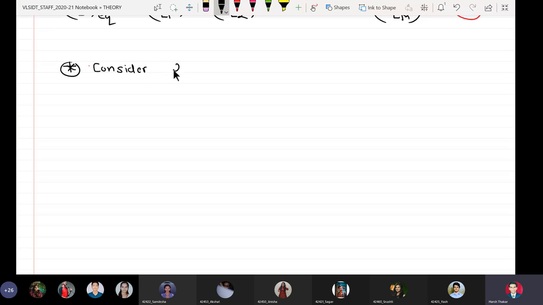Consider two NMOS devices connected in series. So instead of M devices, we put M equal to 2.